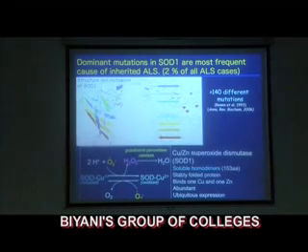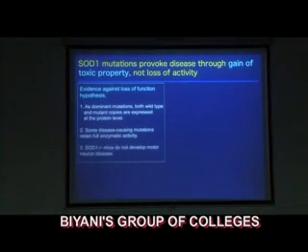But with the introduction of mutations, in most cases a single amino acid substitution, it causes motor neuron disease. Many researchers agree that SOD1 mutations provoke disease through a gain of toxic property, not loss of enzymatic activity, because some of the disease-causing mutations still have enzymatic activity.